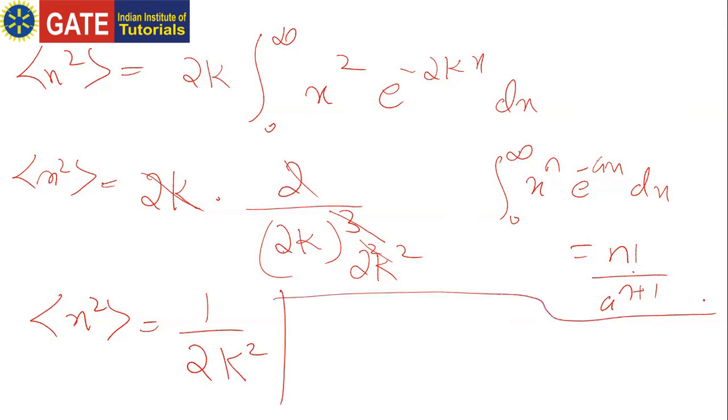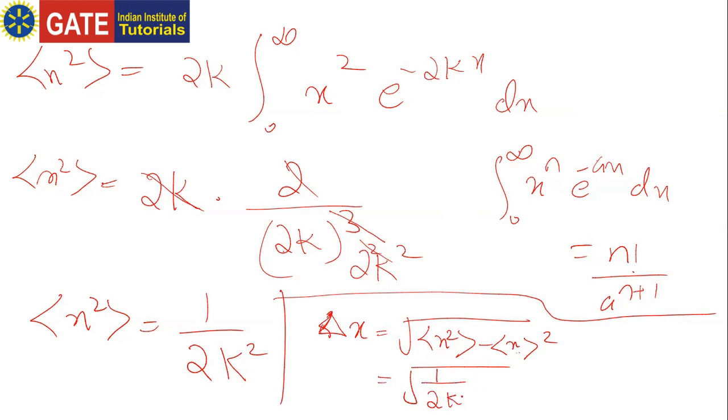Now find delta x. Delta x equal to root of expectation x square minus expectation x the whole square. Expectation x whole square is 0. Root of expectation x square 1 by 2k square. Answer is 1 by root 2k.